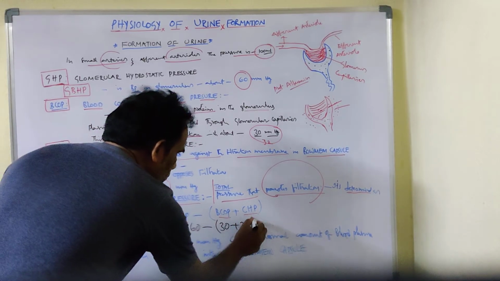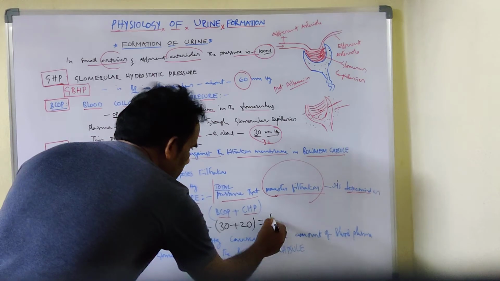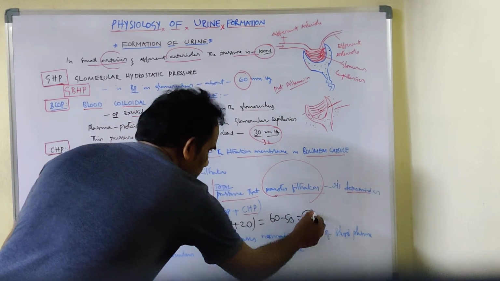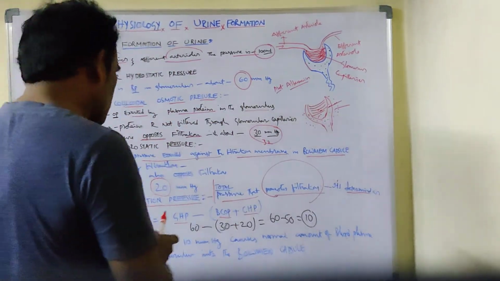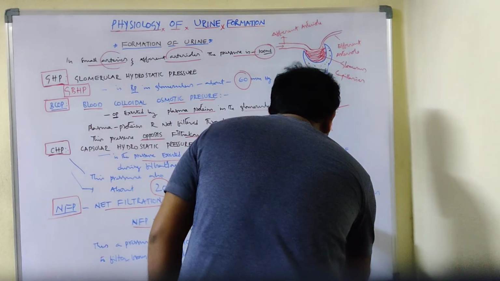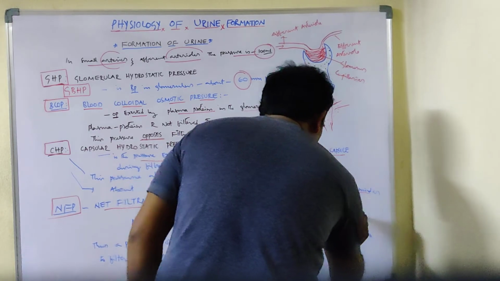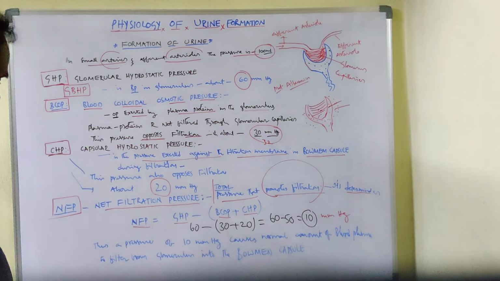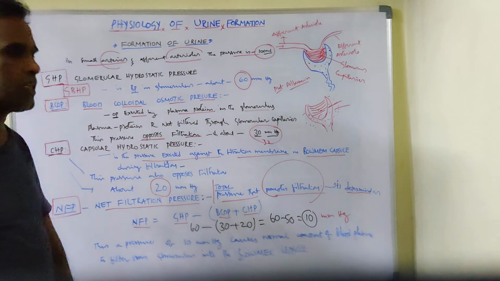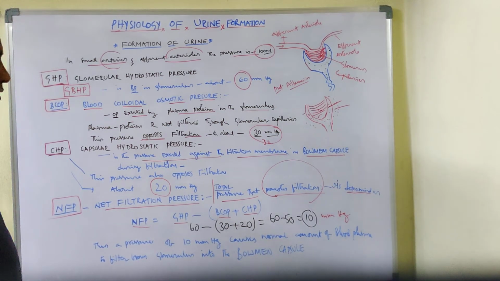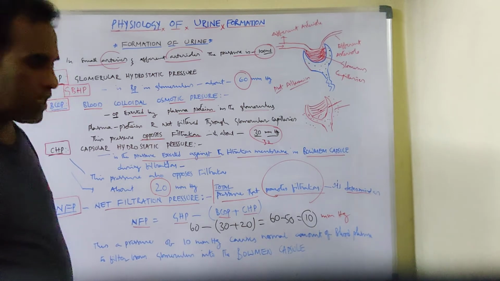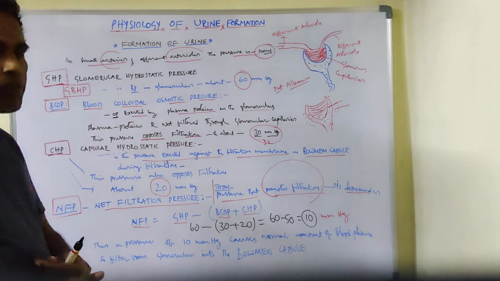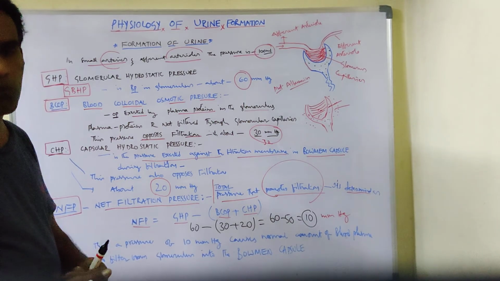So 60 minus 50 is equal to 10, so 10 mm of mercury is the net filtration pressure. Thus the pressure of 10 mm of mercury causes the normal amount of blood plasma to filter from the glomerulus into the Bowman capsule. I hope you all understand this.